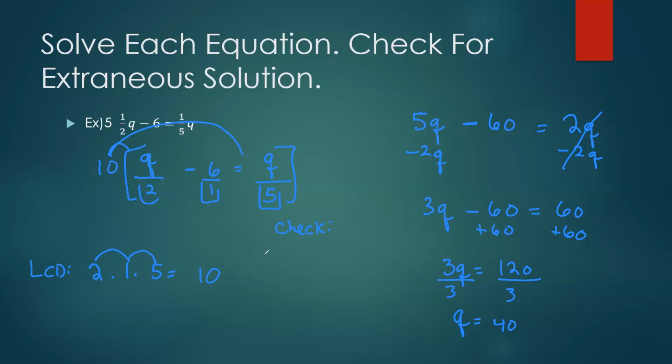So plug q back in as 40, so that's 40 divided by 2 minus 6 equals 1/5 times 40. 40 divided by 2 is 20 minus 6, and then 40 divided by 5 is 8. 20 minus 6 is 14.